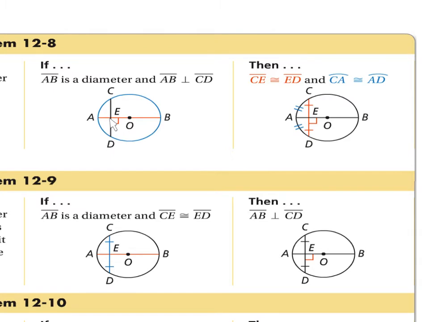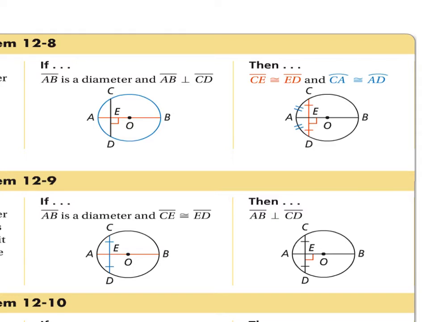It's perpendicular to the chord. And if it's perpendicular to the chord, then we know that in this case DE and CE, or CE and ED, however you want to name these 2 segments, are congruent to each other. And the arcs are congruent to each other. CA and AD are congruent to each other as well.